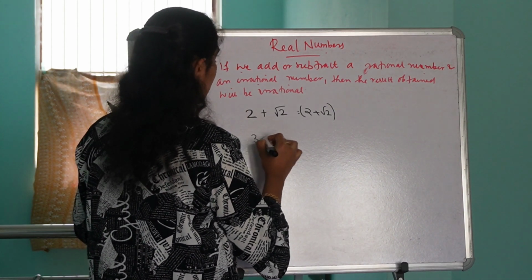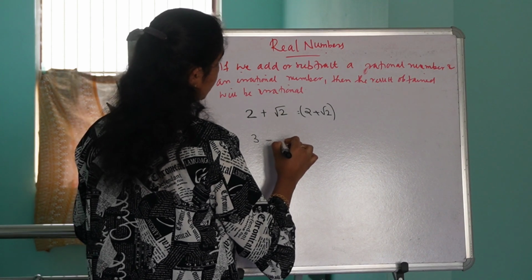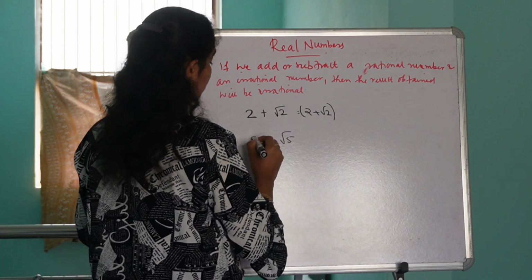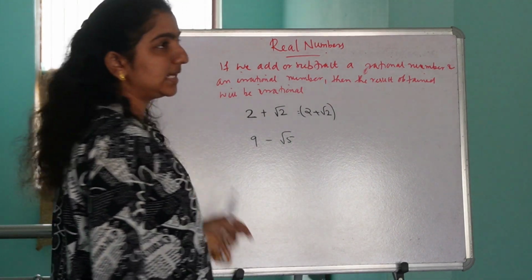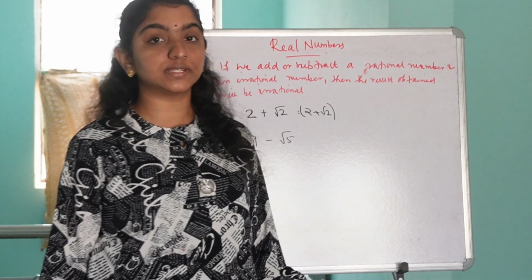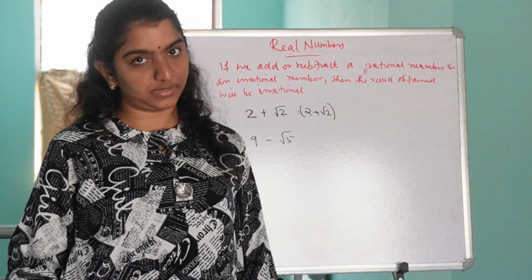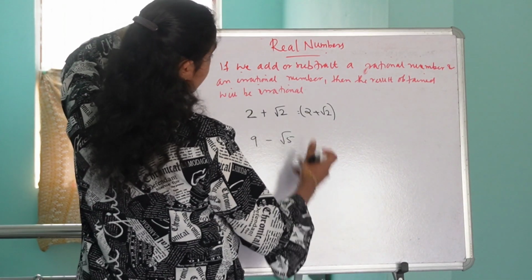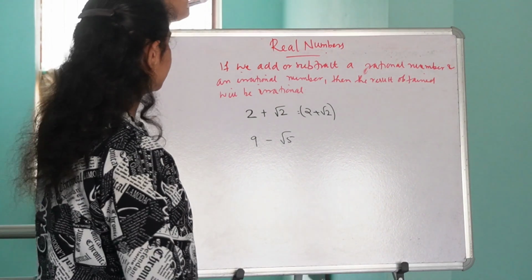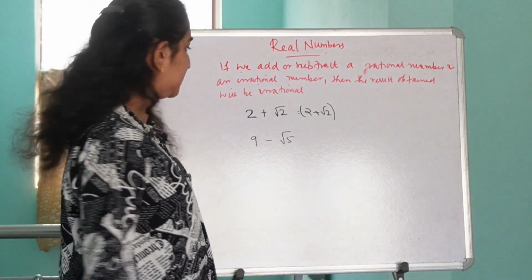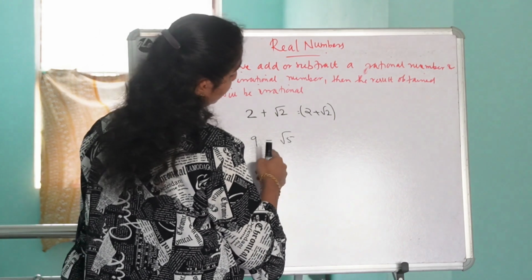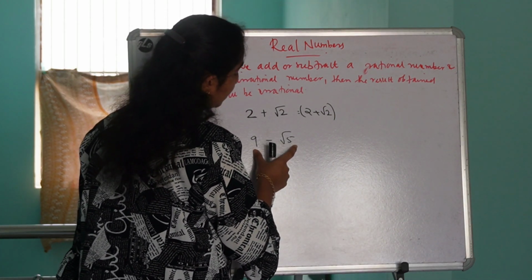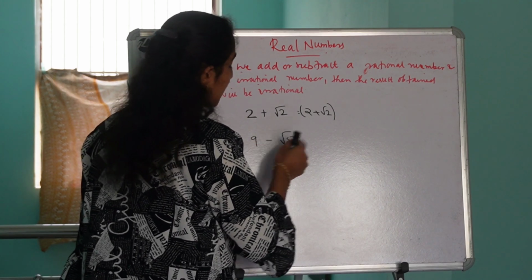Suppose we are subtracting root 5 from 9. Here 9 is a rational number and root 5 is an irrational number. So here we are finding the difference between 9 and root 5.